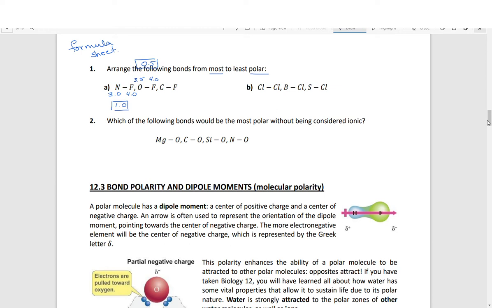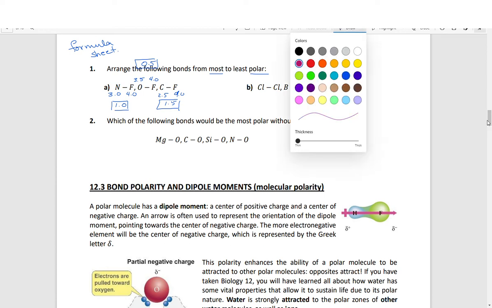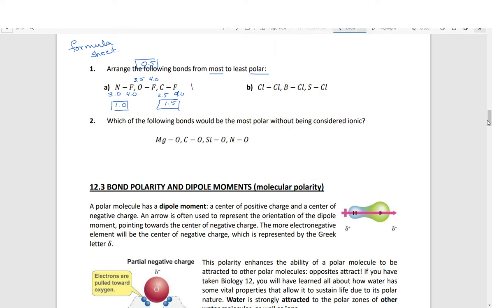If I take a look at carbon, again from that document, it had a rating of 2.5 on the electronegativity scale, and fluorine again, 4.0. So a relative difference of 1.5 on that. And so if I were to arrange these from most polar to least polar, I'm going to switch color here, I would say that this one would be number 1.